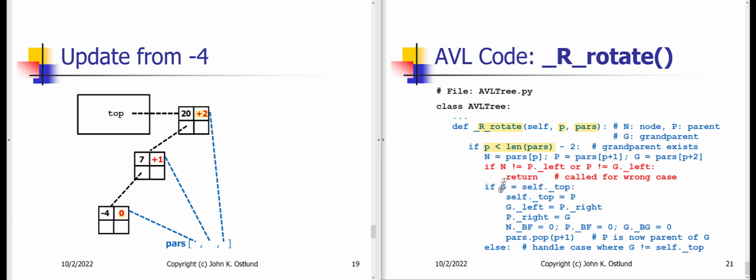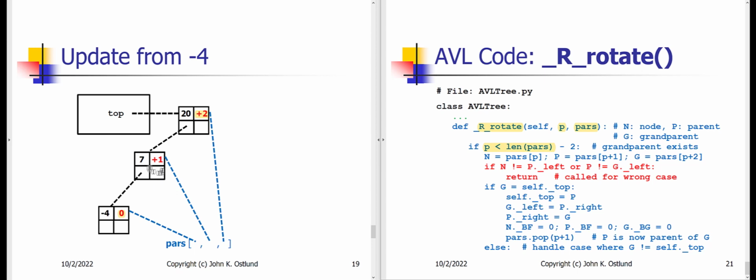And we need to test whether the grandparent is the top of the tree or not. It is the top of the tree, so we're going to execute the code where the grandparent is the top of the tree. The rotation is pretty straightforward. We only have to change 3 references. We change the top to refer to P. We change G's left to refer to P's right.